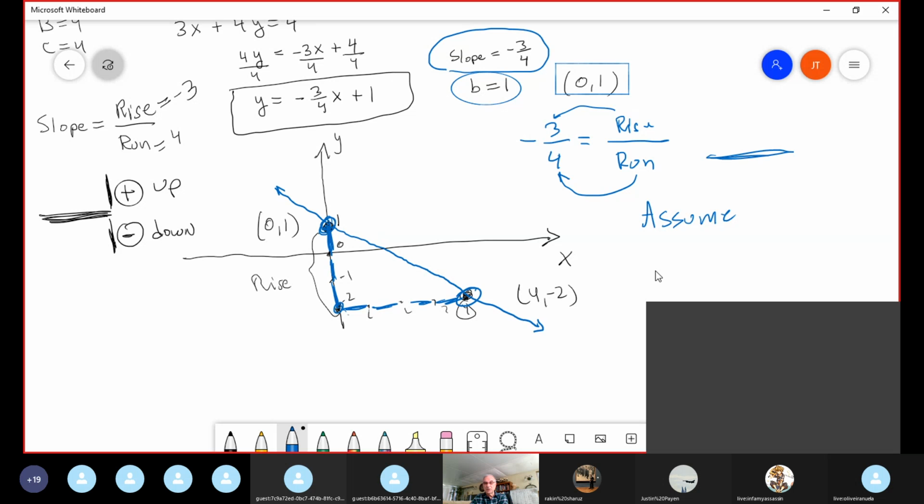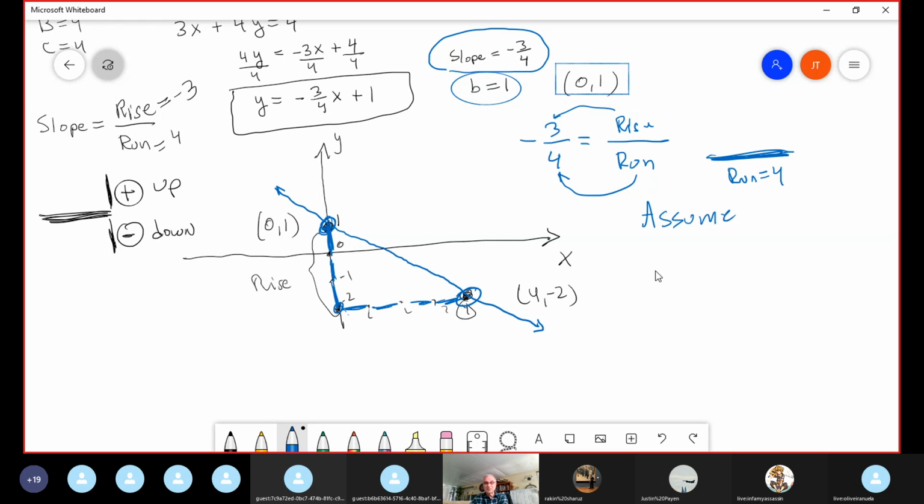Run is always in that direction. This is run, in our example, 4. Rise, maybe it's up or maybe it's down. In this case, it's down because it's negative 3. So rise is negative 3. This is the agreement. Another professor may explain in a different way, but I like this way. Yes, I explain it to my students this way.